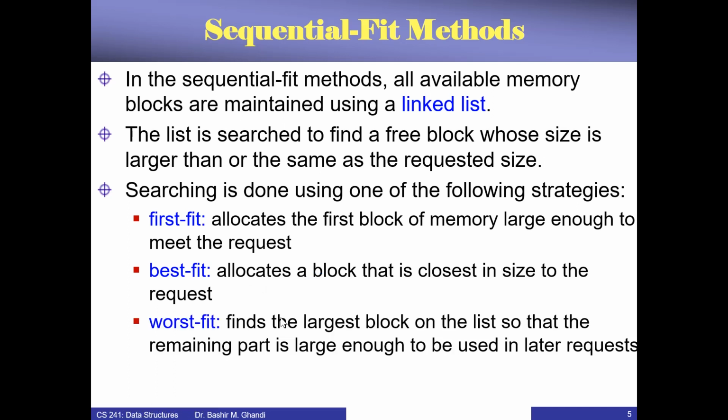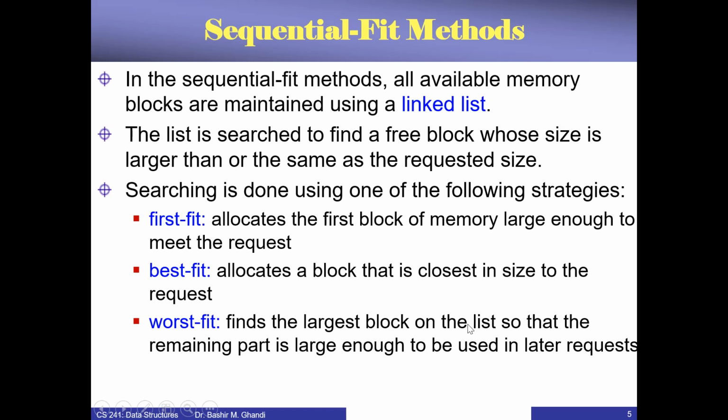The next strategy is called worst fit. This is ironic, isn't it? Why should we have a worst fit? Well, what worst fit does is it finds the largest block on the list and allocates from it. The idea again is to avoid fragmentation, because if it finds the largest block, chances are that if it allocates from it, what is left will still be large enough to satisfy the next request.